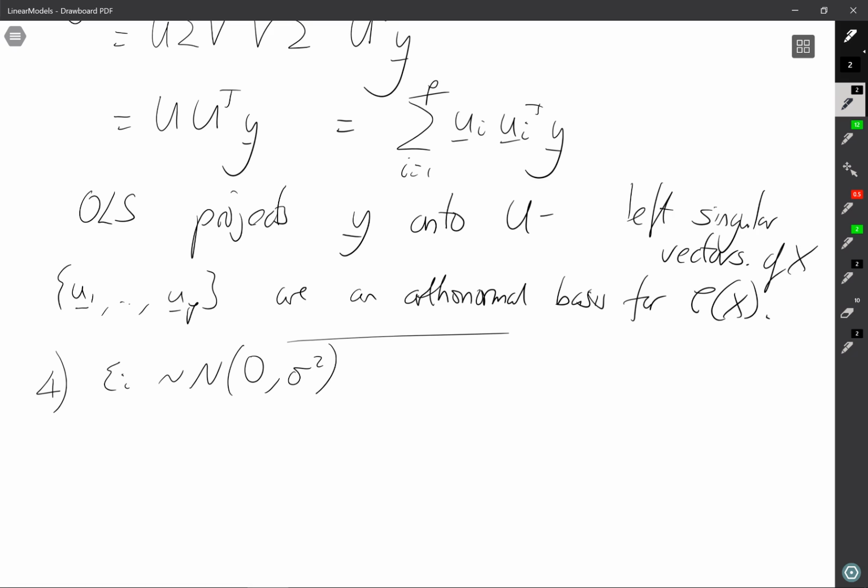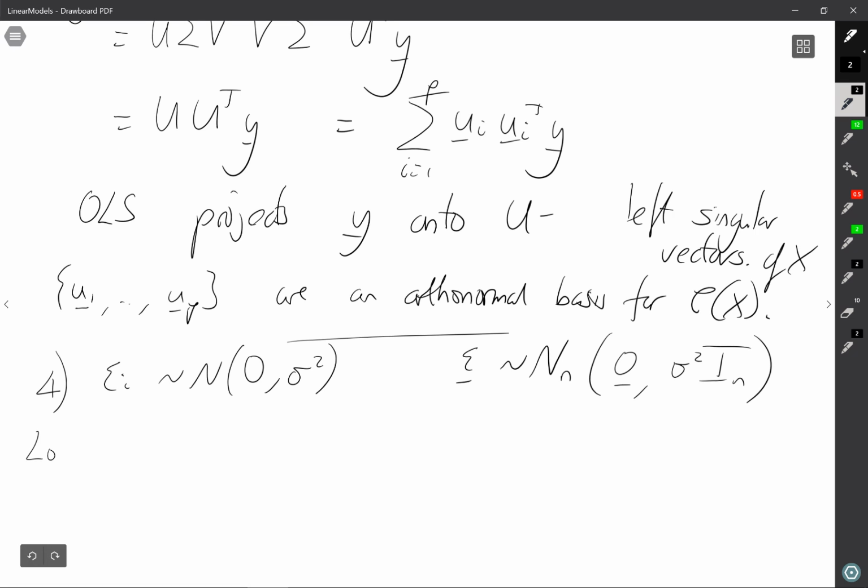Then we might choose not to do least squares, but instead to do maximum likelihood estimation. So the vector epsilon is multivariate normal of dimension n with zero for its mean, and its variance matrix is just sigma squared times the n by n identity matrix.